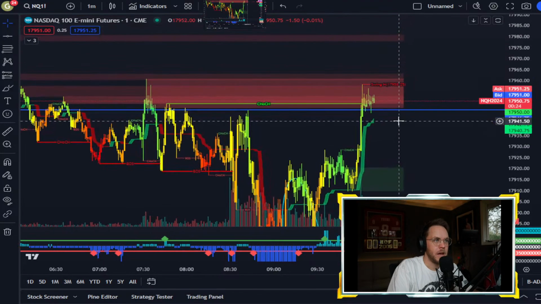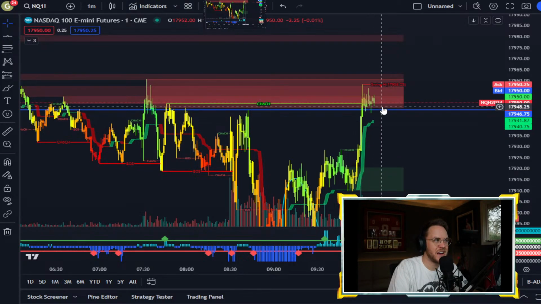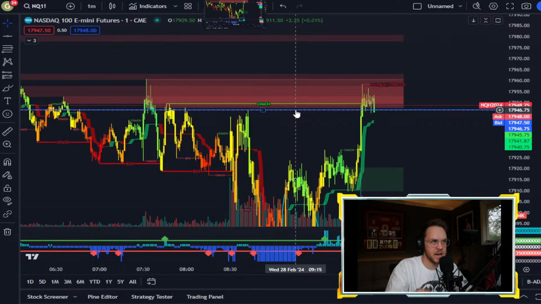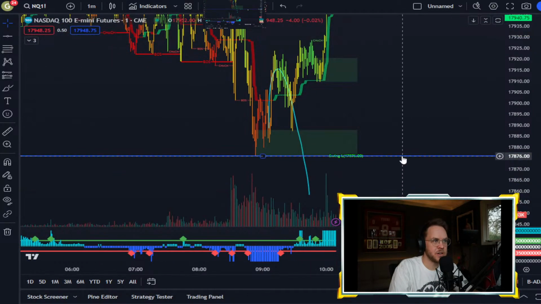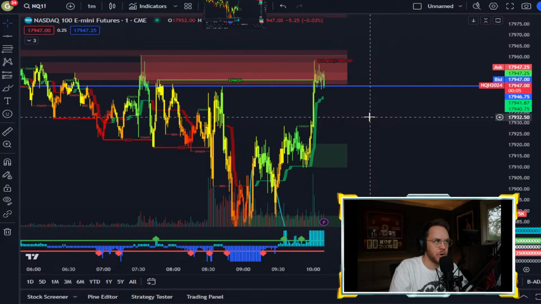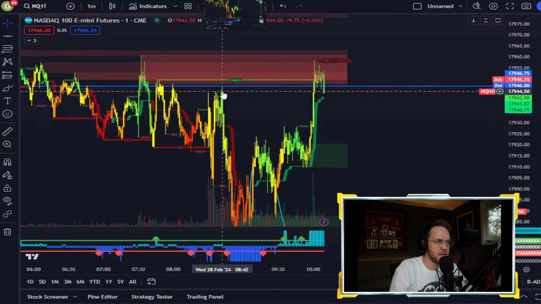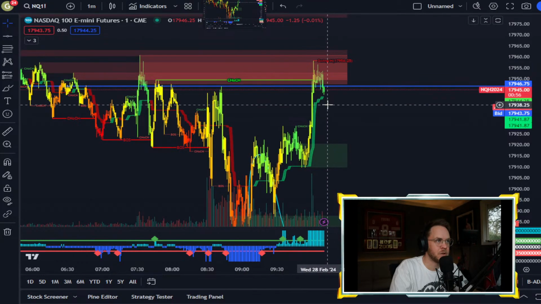The blue line here is the opening range high of the day, between 8:30 and 9 Central Time. This was the highest point that we reached, and the blue line down here was the lowest point in that same window. We broke out above the opening range high at 8:42, and now we're breaking down below it.